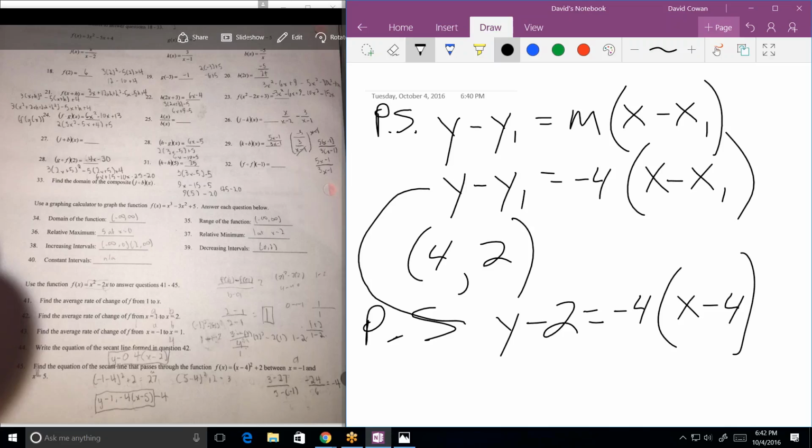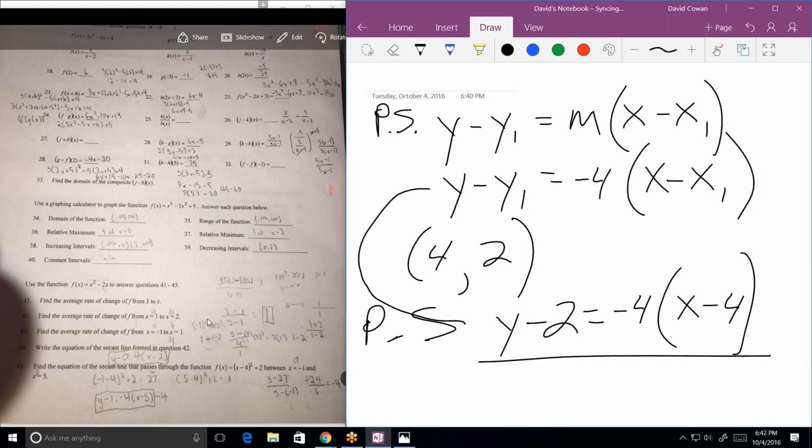So I do have to come up with one point, but that's it. And then it's one step to plug in the slope and the point. And that's your answer. Okay. That makes a lot more sense.